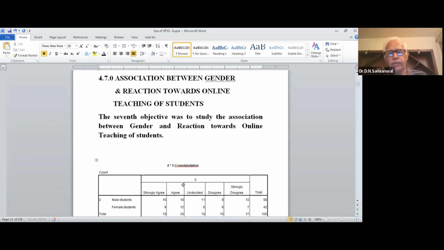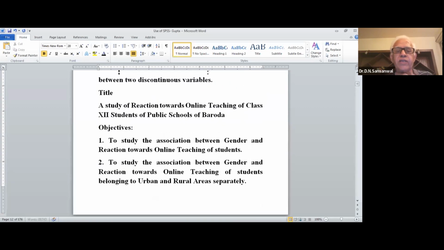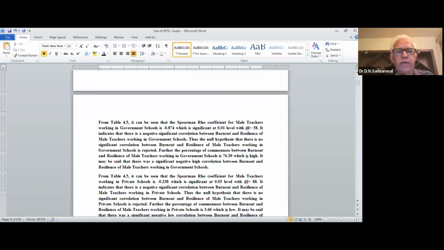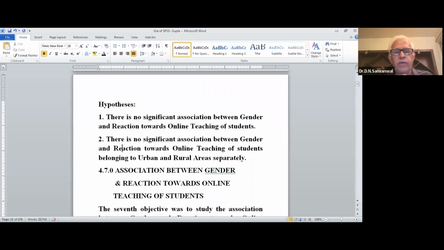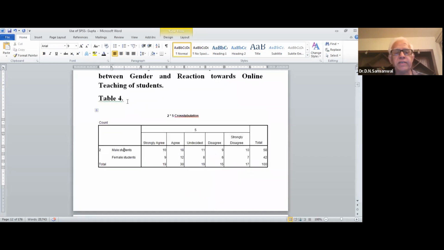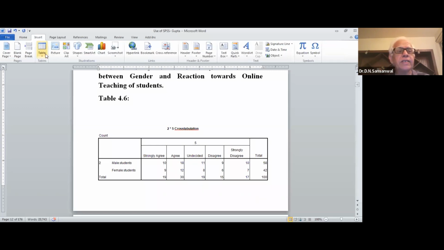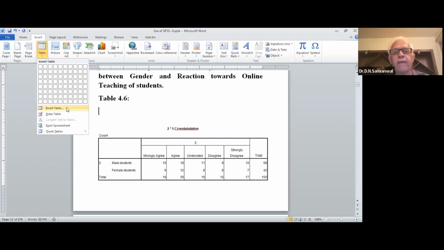Now, you know, this is my, so let us make that table. Table will be 4 point. I don't know what was the last table. Let me see. It was 4.5. So let it be 4.6. So let us have a table.